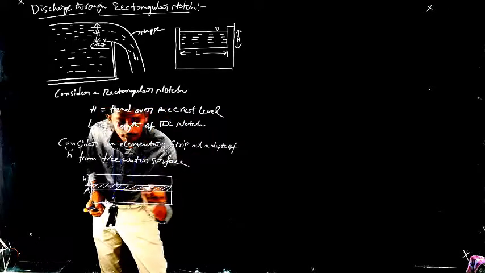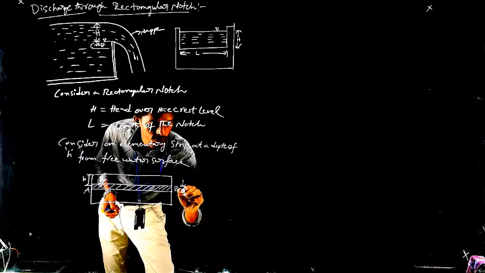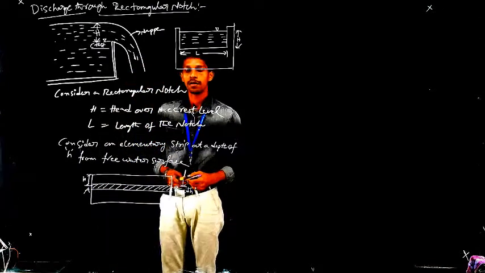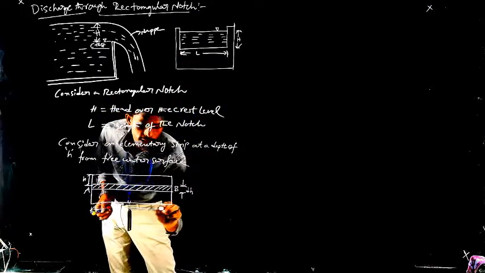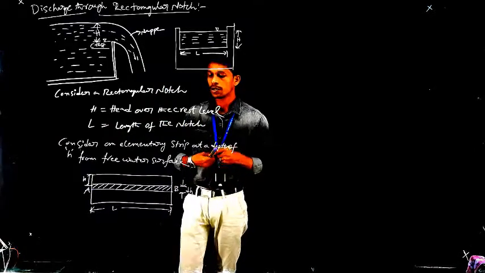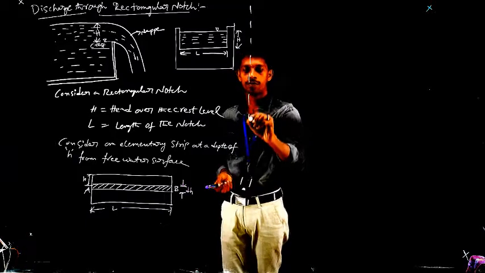Assume this is AB. And what about the thickness of this elementary strip? It is dh. The strip length is same, capital L, equal to the length of the notch. So this is the strip I have considered.